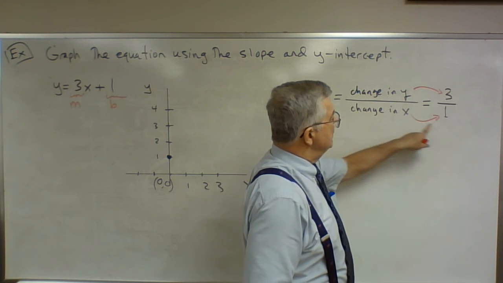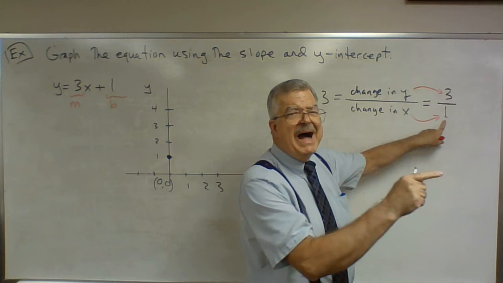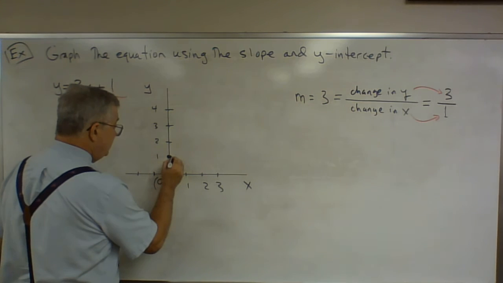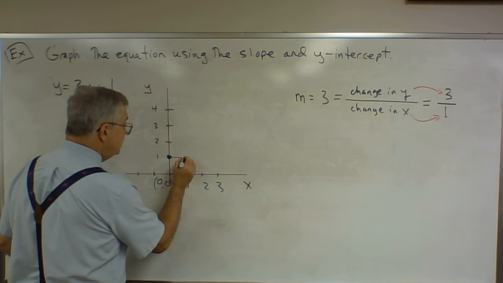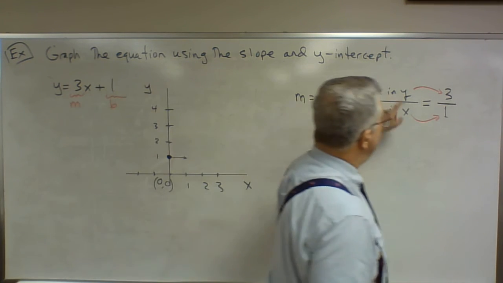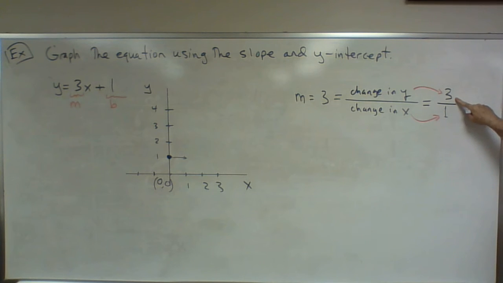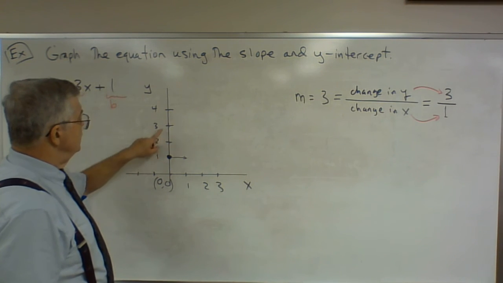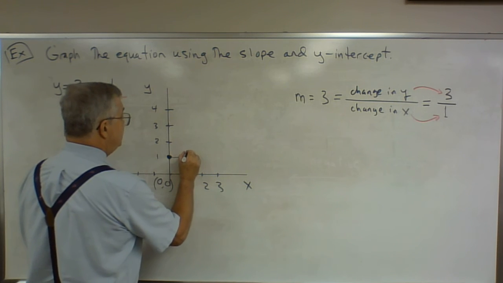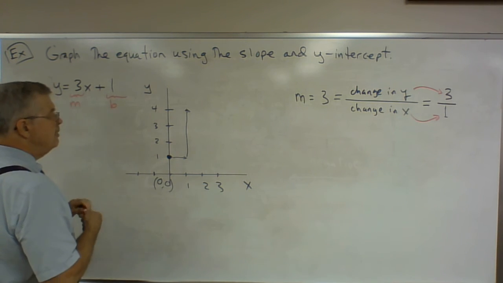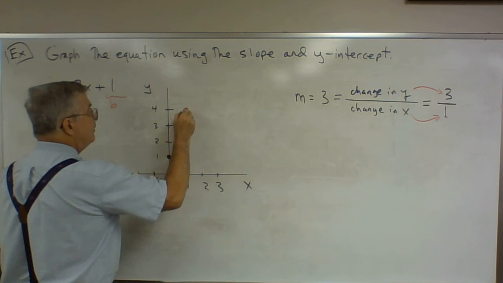Change in x 1, that means we go 1 unit in the positive x direction, left to right. Change in y, that's positive 3. We go 3 units in the positive y direction. 1, 2, 3. And that gives us another point on the line. This point right here.